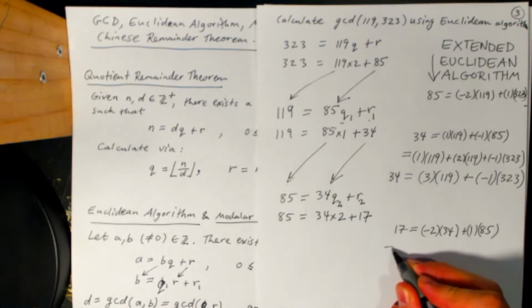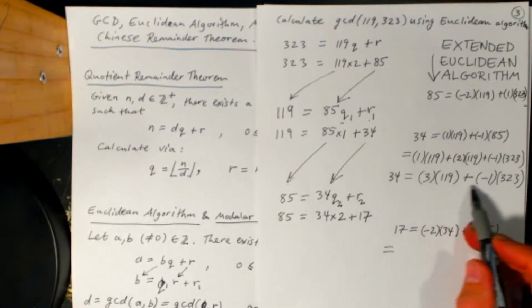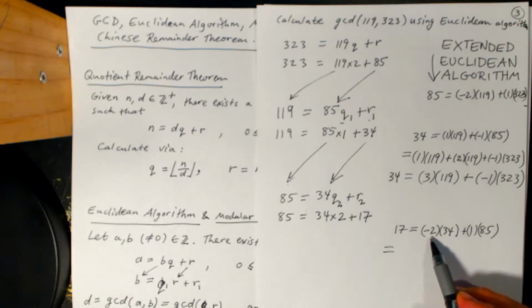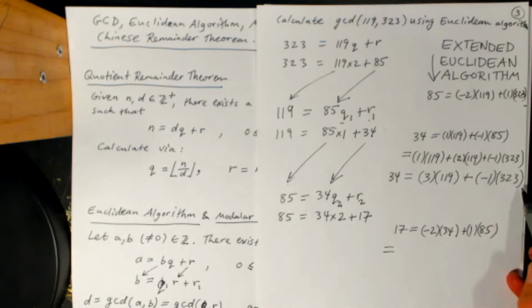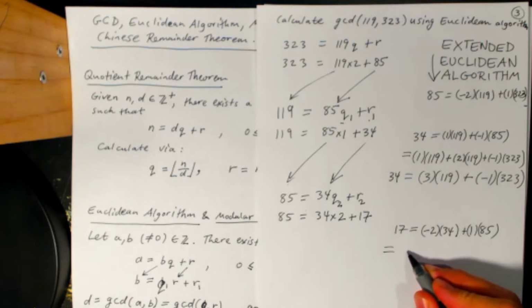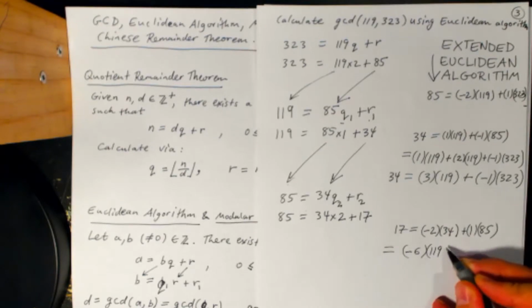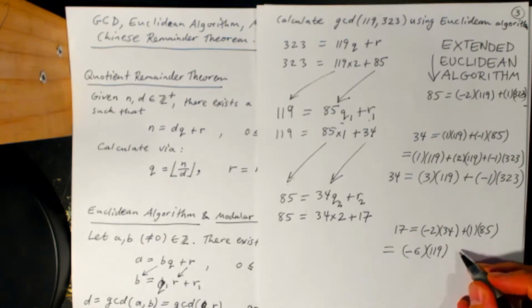Okay, so let's do exactly that. Now 34 is this one right here, but we want to multiply the minus 2, distributing it over the addition, and say that minus 2 times 3 is minus 6. So minus 6 times 119, and then minus 2 times minus 1 is plus 1 times 323.